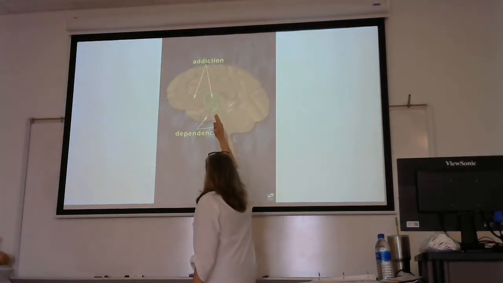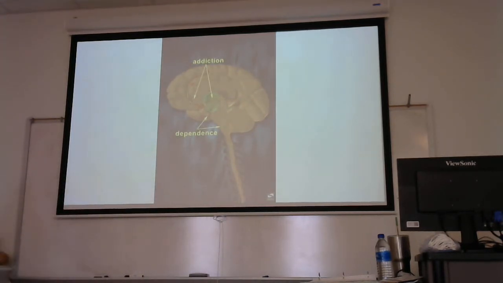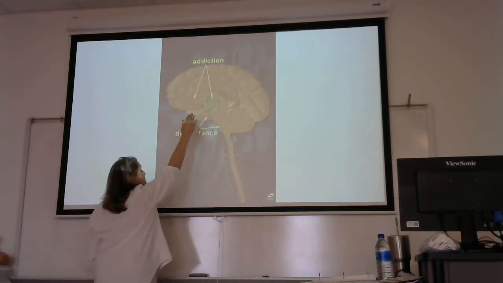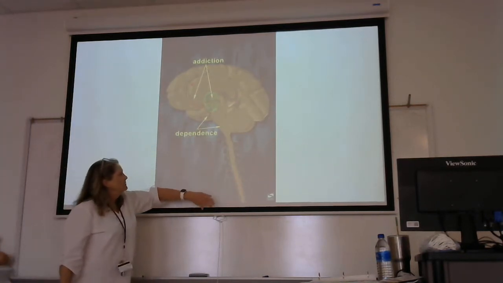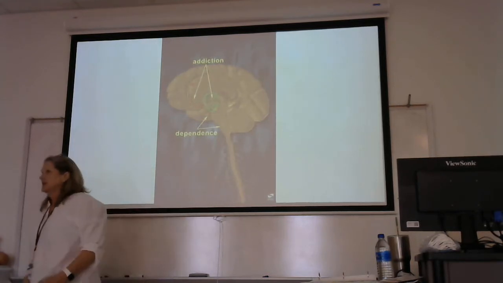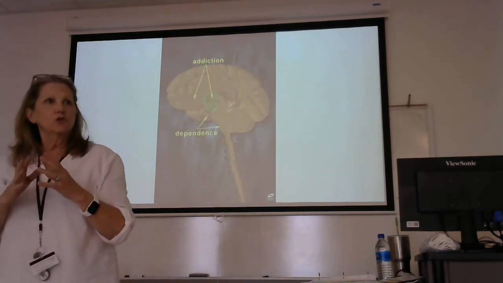So addiction and another term called dependence are very closely related. Addiction, remember, is that compulsive behavior, and it comes from this reward area up here. Dependence is coming more from this pain sensation and more from the thalamus and those long nerves that work with this, because it changes the way the body responds, and the body gets used to having that medication.